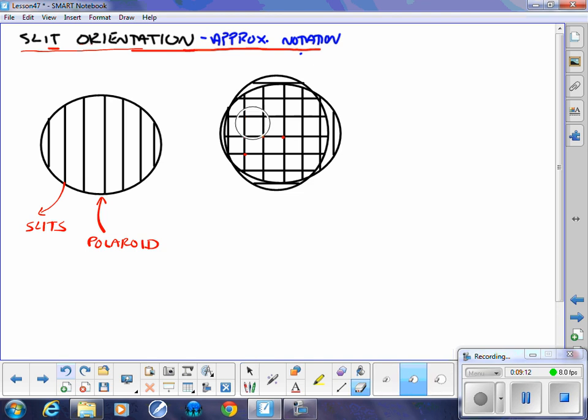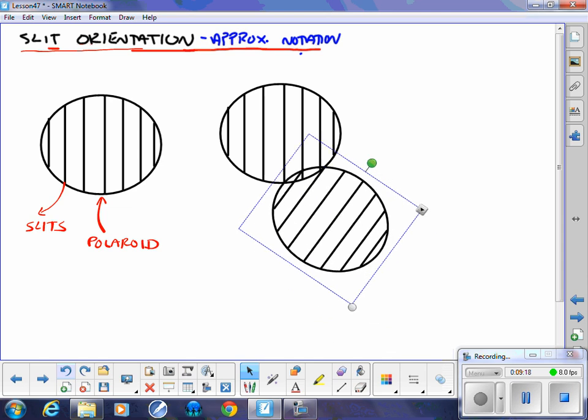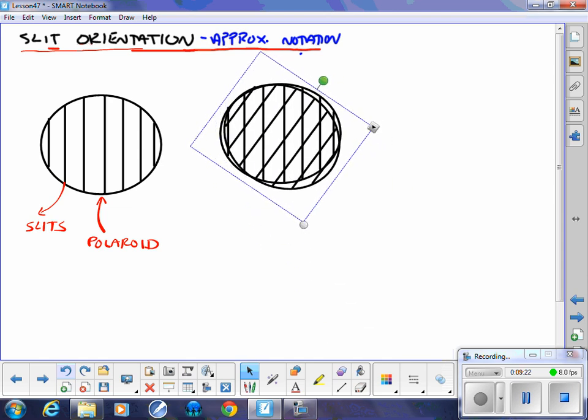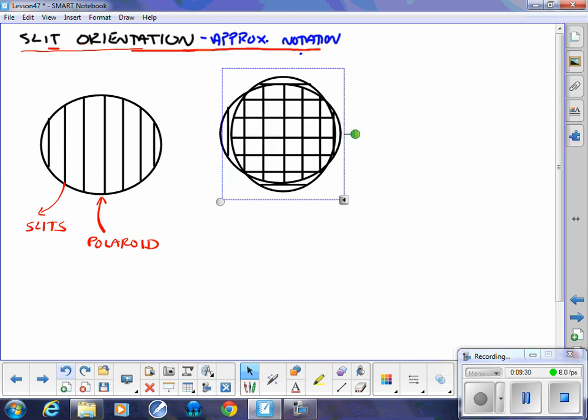So what happens if they're oriented at an angle? If I grab that top one, and we look at it in terms of an angle, some light will be able to pass through. The closer we approach 90 degrees, the less light will be able to pass through.